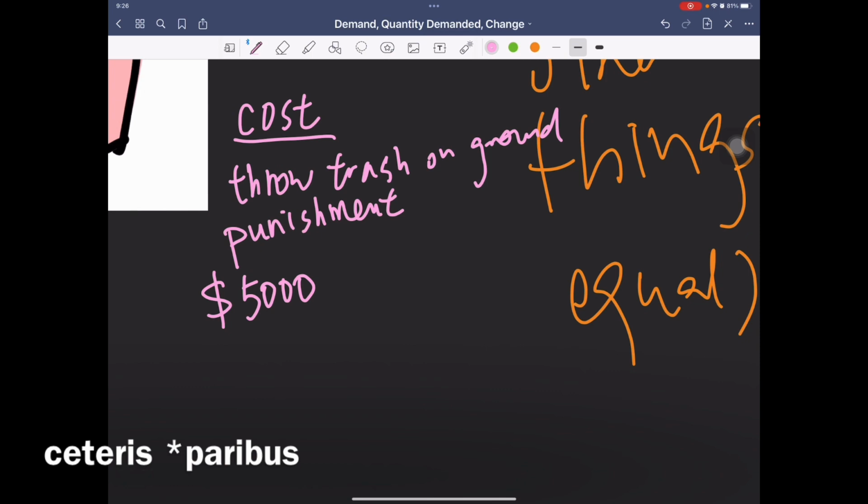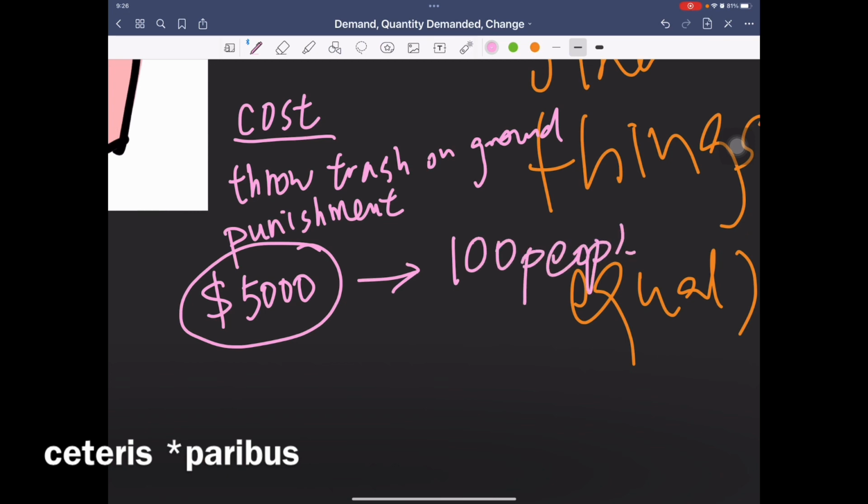If they're caught throwing rubbish on the ground, they have to be fined $5,000 each time. Because the cost for their behavior is expensive, perhaps for this city there will be 100 people doing this behavior of throwing rubbish on the ground.